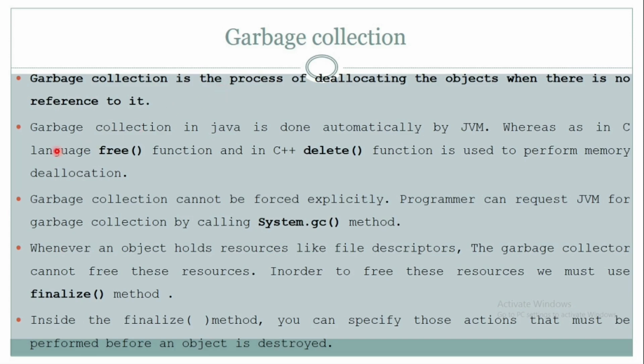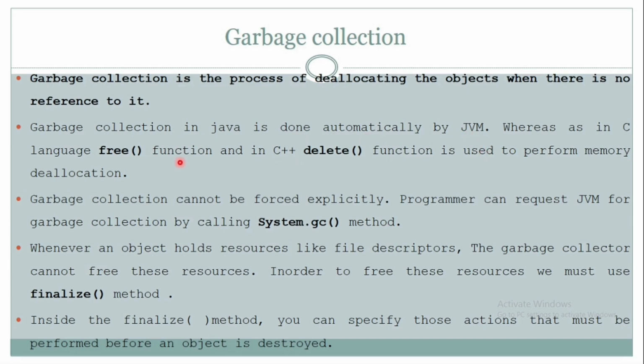Garbage collection in Java is done automatically by the Java virtual machine, whereas in C we have the free function, and in C++ we have the delete function to perform memory deallocation. But in Java, it is done automatically by the Java virtual machine.